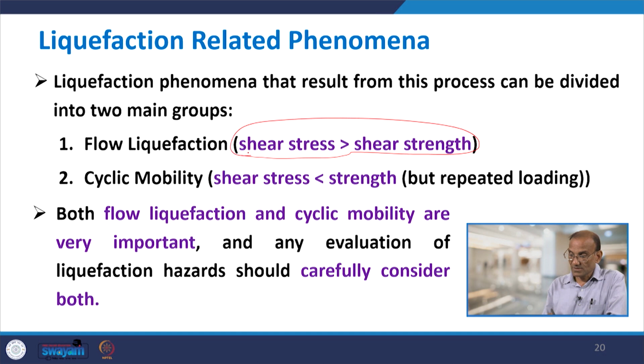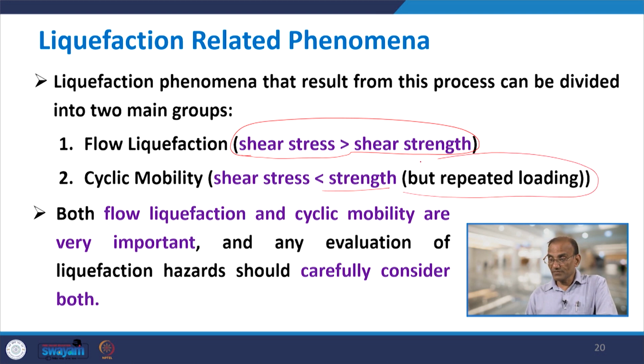But cyclic mobility can occur even when the shear stresses are less than the shear strength of the soil, because of repeated loading, and repeated loading is very common in cyclic loading, particularly during an earthquake.